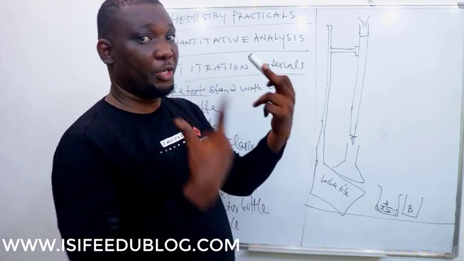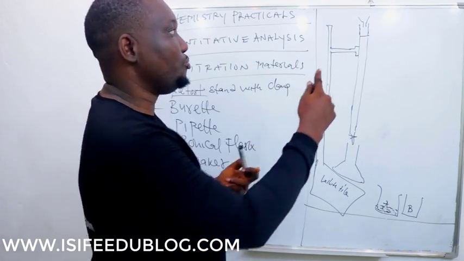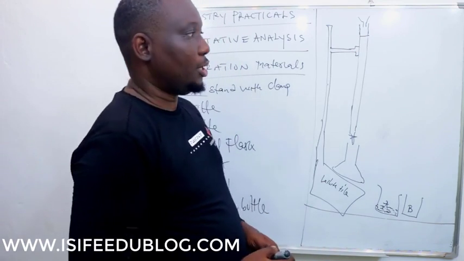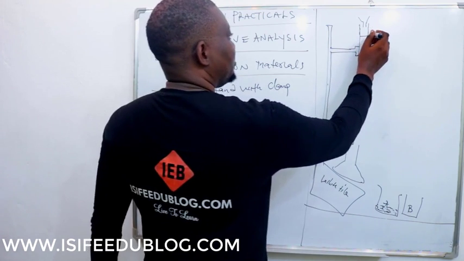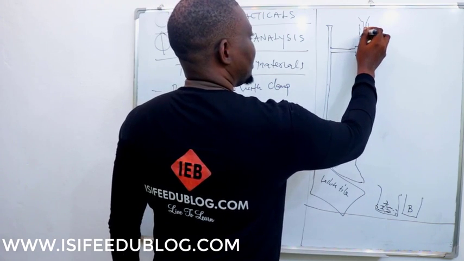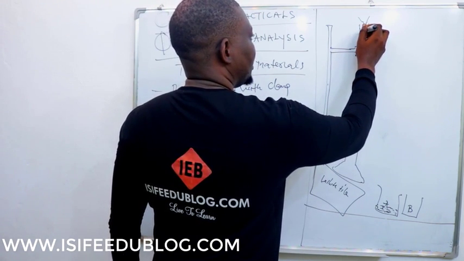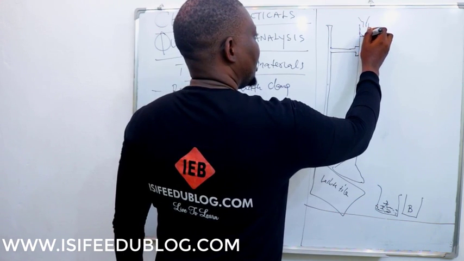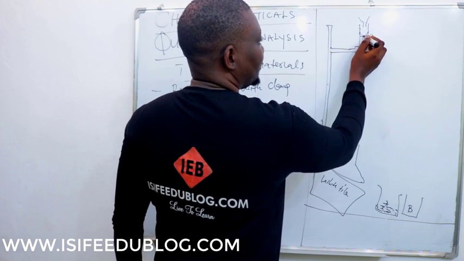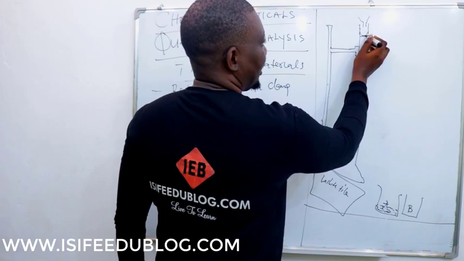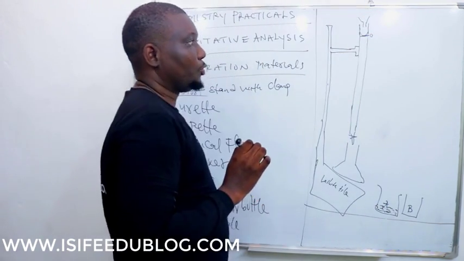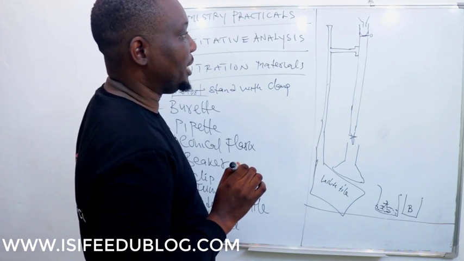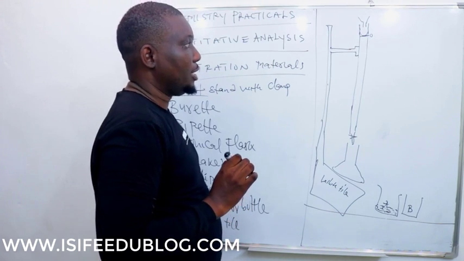Make sure it is within your eye level. Your eye should be on the meniscus. I repeat, your eye should be on the meniscus. If this mark is 0, make sure that the lower meniscus is on this line. Make sure your eye is directly on it, so you avoid many kinds of error that will affect your reading.